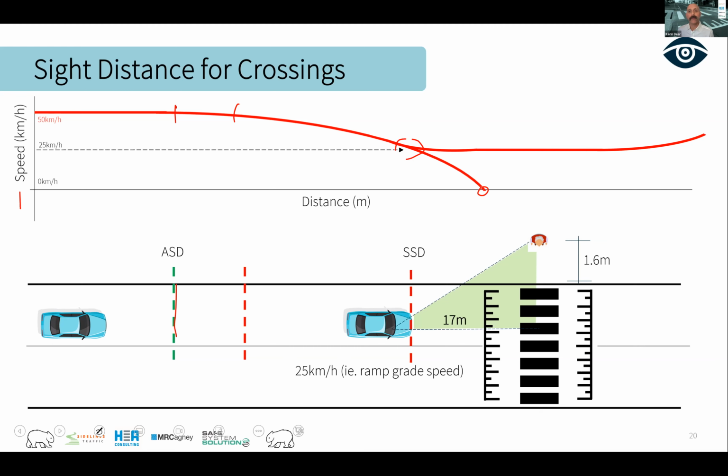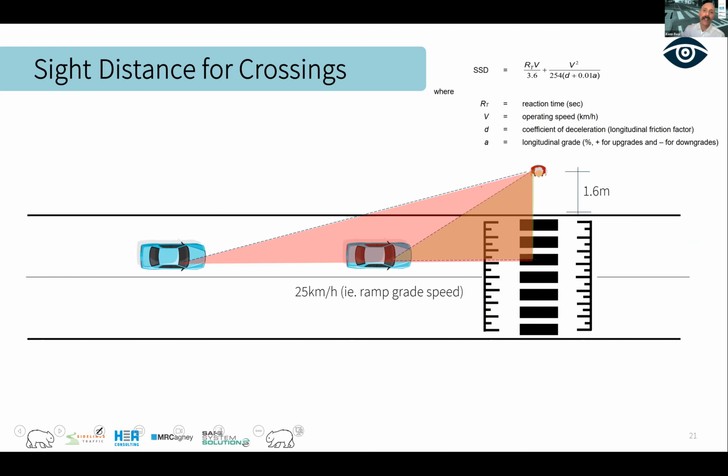So really, you know, we can lessen that sight distance if we raise it. And that's another major advantage of us raising crossings. So yes, we're going to get lower impact speeds, but we're bringing our sight distance requirements down significantly as well, which means, and like parking is a huge issue for local government.